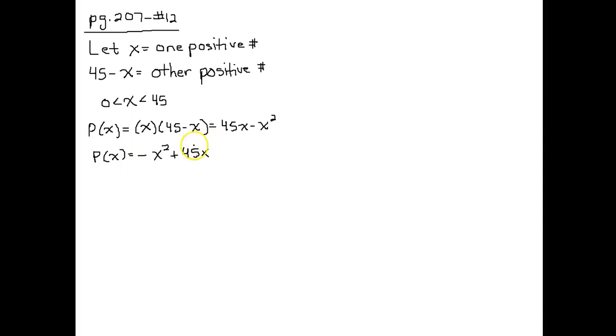So you have a quadratic function here. Notice that in the quadratic function, your a is negative 1 and your b is 45. With that a of negative 1, that tells you that it's a parabola that's concave down. It's going to pour out water. And your vertex is going to be the maximum point.